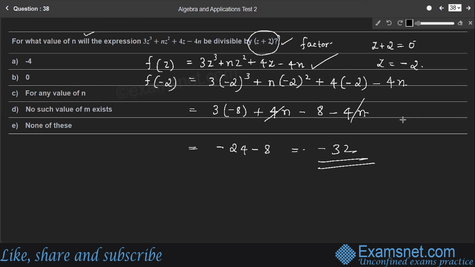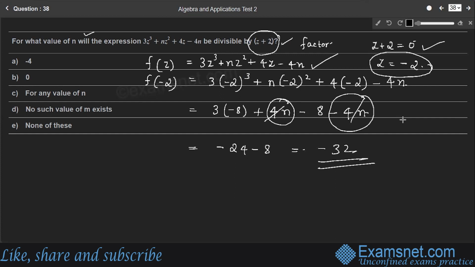So, for any value of n, the given expression is divisible by z plus 2. Because the value of z is constant, which is minus 2, you will get plus 4n here and minus 4n here. So both plus 4n and minus 4n will get cancelled. So f of z is minus 32.